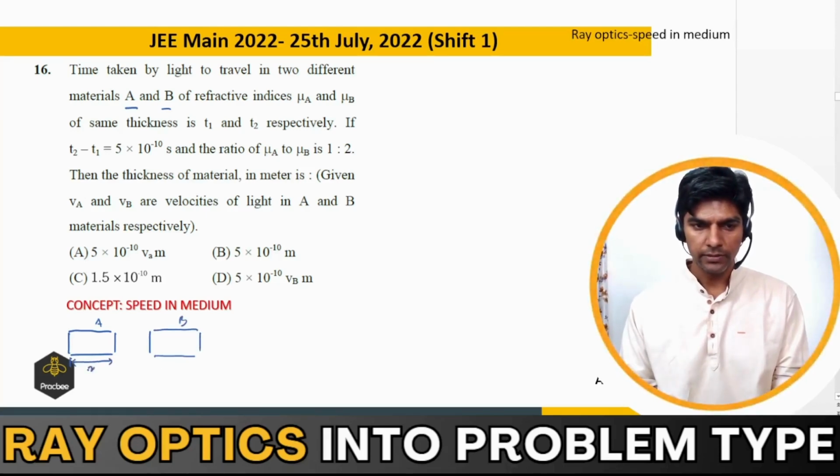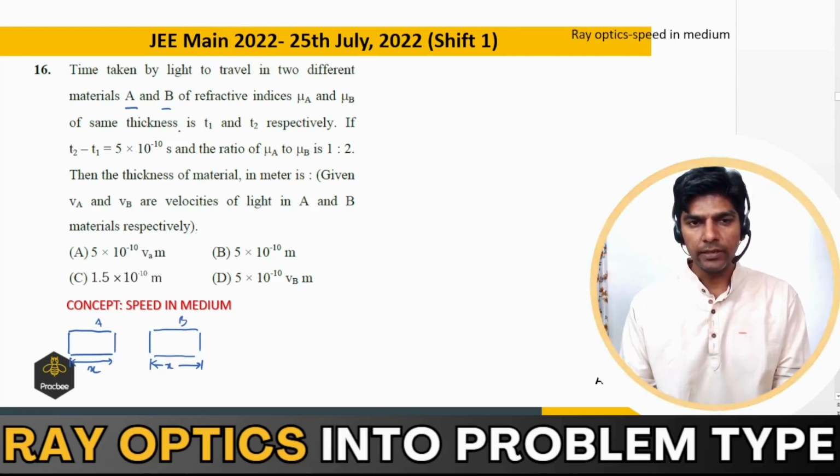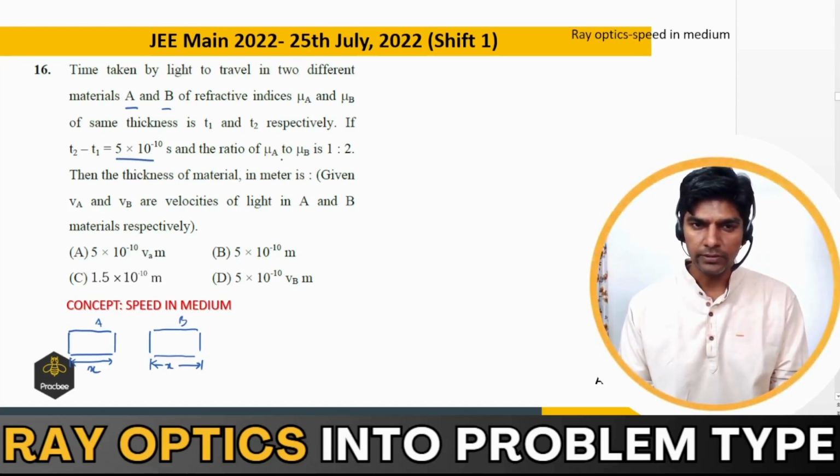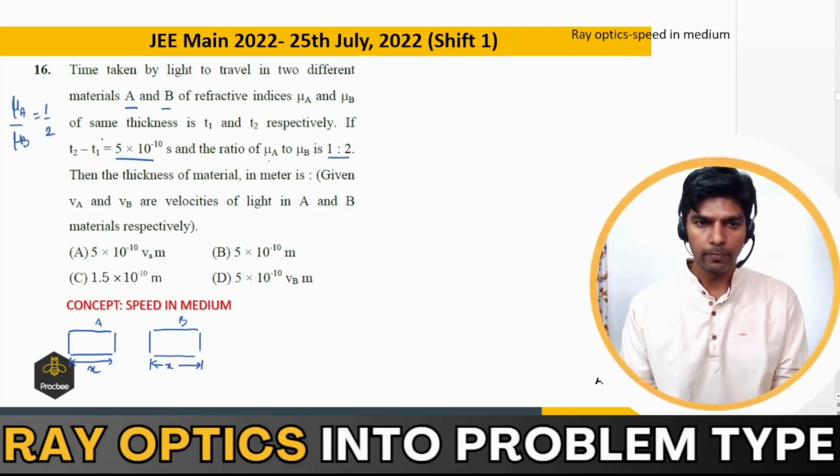So let this length be x and this length also be x. The time taken by the light in material A is t1 and in material B is t2. And t2 minus t1 is given as 5 into 10 raised to power minus 10 seconds, and the ratio of refractive indices mu A upon mu B is given as 1/2.